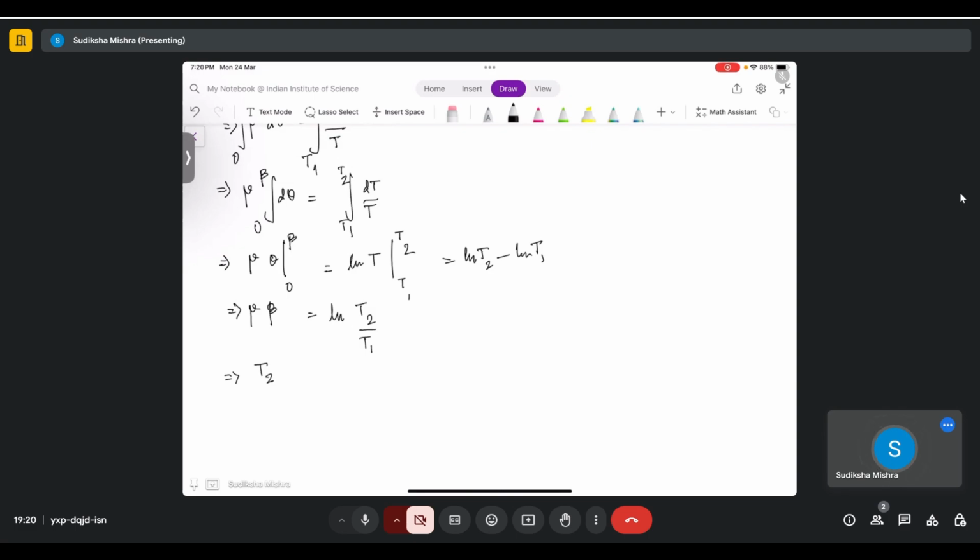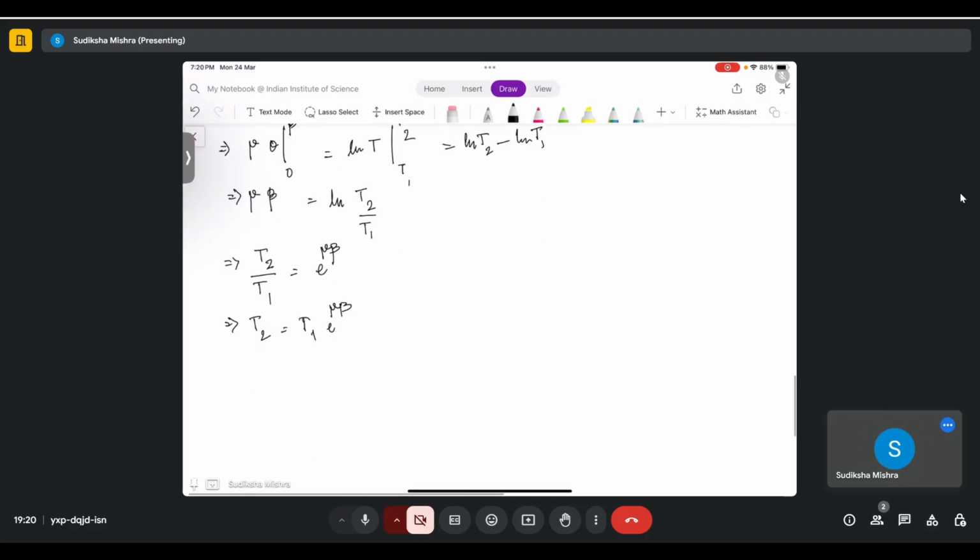Applying exponential, T2 by T1 becomes e to the power mu beta. T2 can be written as T1 e to the power mu beta.